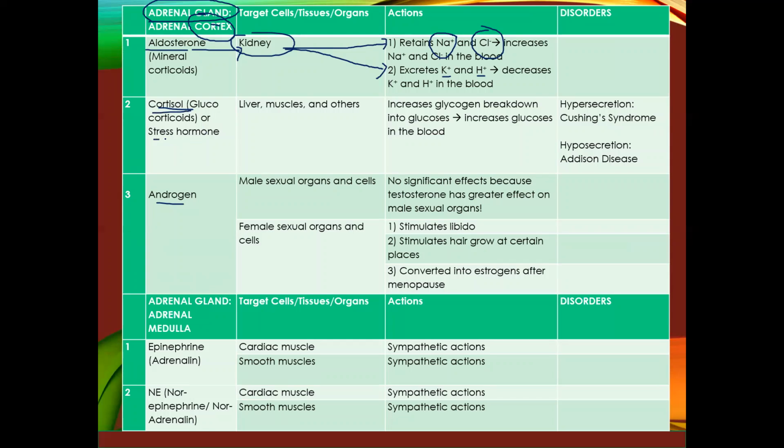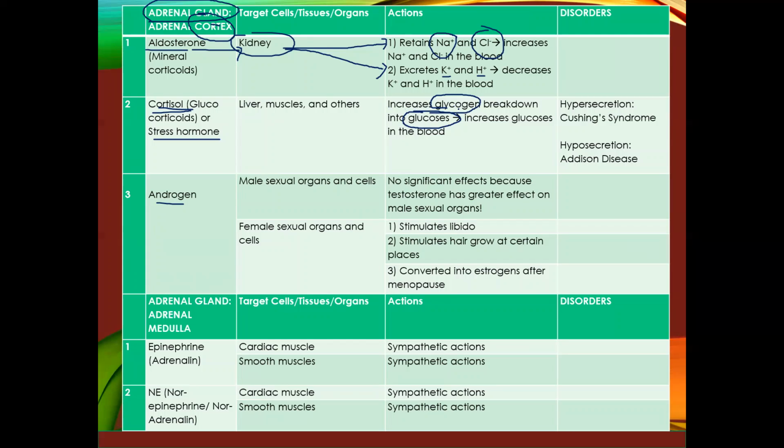The next one is cortisol. Another name for cortisol is the stress hormone. And the stress hormone is used to increase glycogen breakdown to provide more glucose during certain conditions. For example, during stress, we need a lot of glucose. And then what is the target going to be?